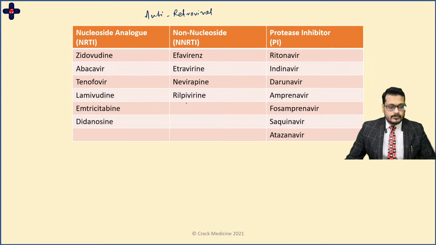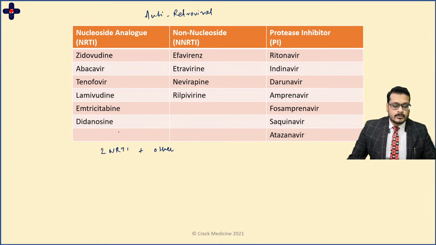So you have to just go through this table and remember, in cases of treatment, you basically give treatment with two NRTIs and you give one other agent from the NNRTI or the protease inhibitors. Okay, like when you start the treatment for HIV.